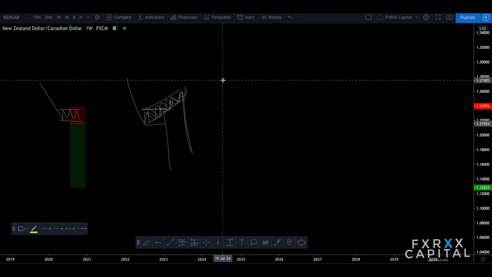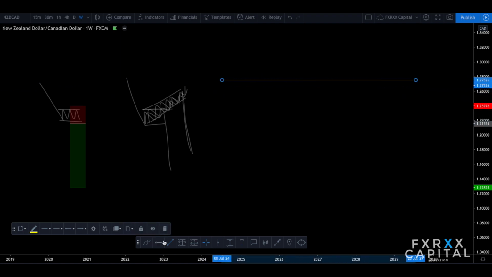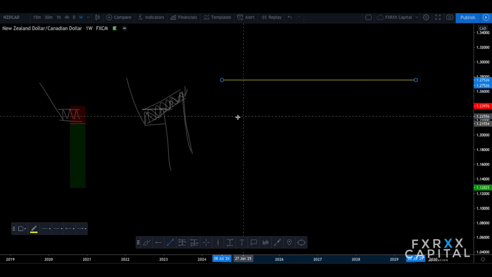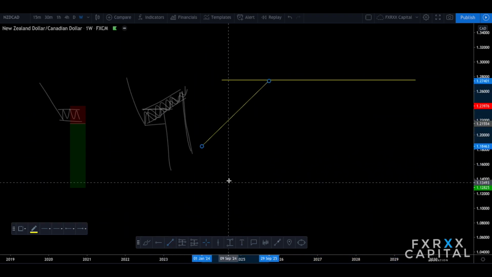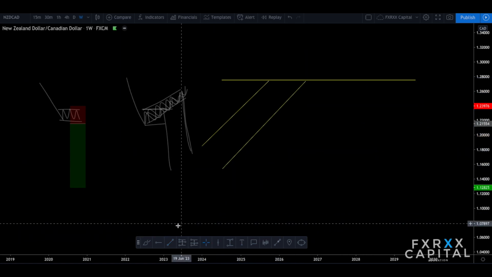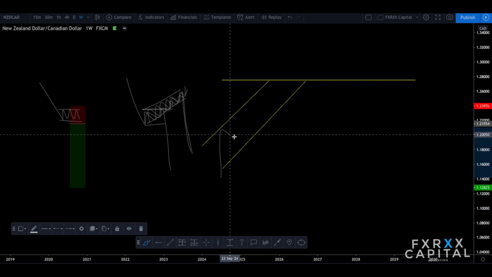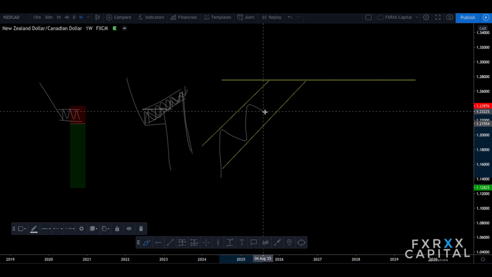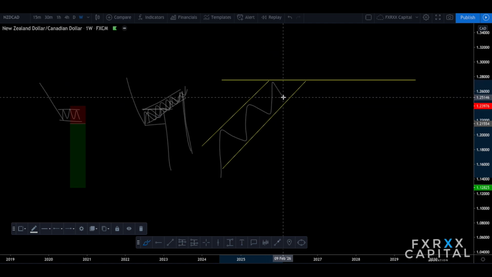What I'm going to show you, for example, is we have our high time frame trend line here, then we will have our ascending channel from here, and price moves upward, approaches the second touch and the third touch, and price creates a tight flag.